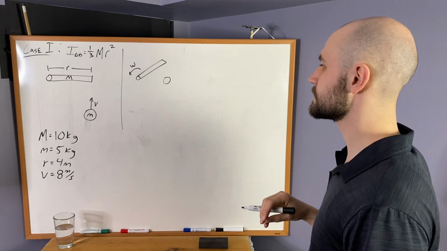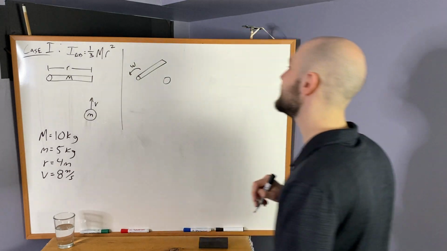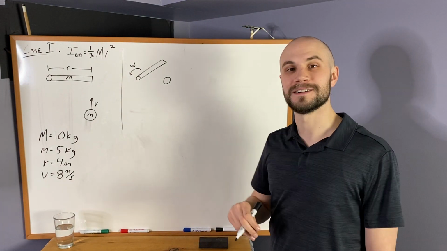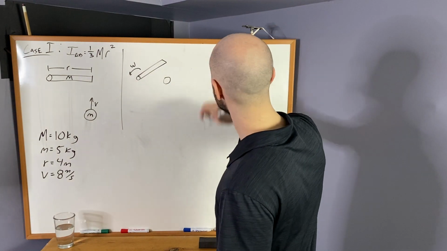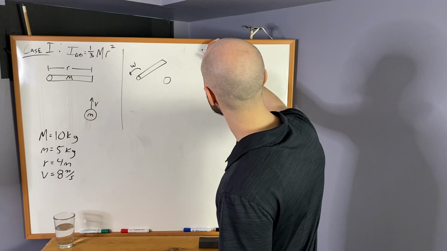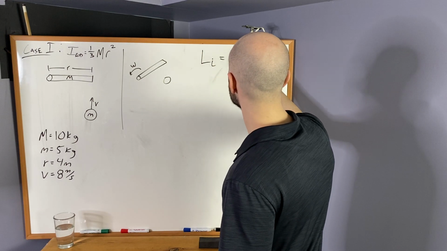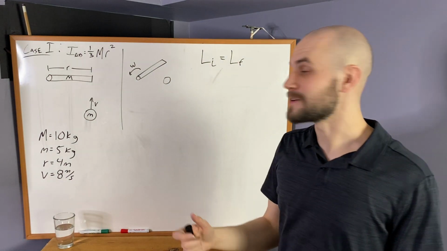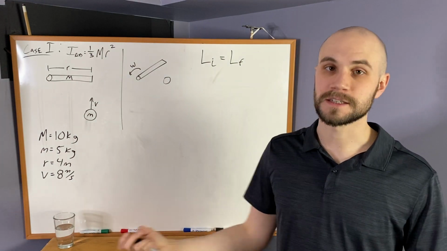Okay, so let's dive into our first case where the mass comes to rest and the rod is free to rotate. Let's see how this affects our angular velocity of the rod. For these kinds of setups, we're going to be analyzing the angular momentum of the system. Angular momentum is conserved because there's no external torques acting on the system.